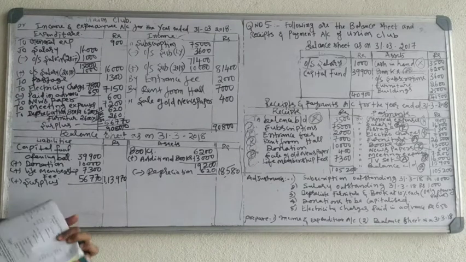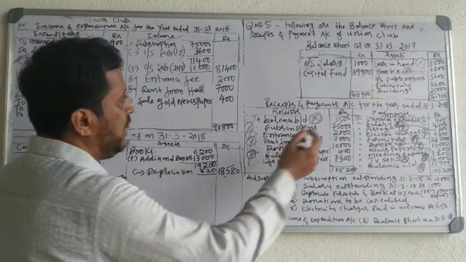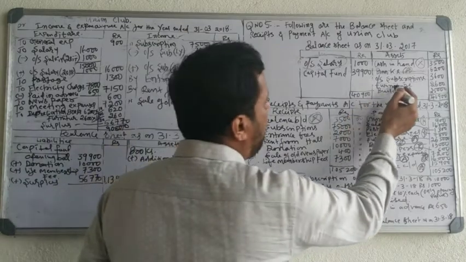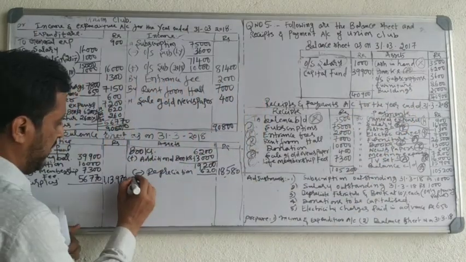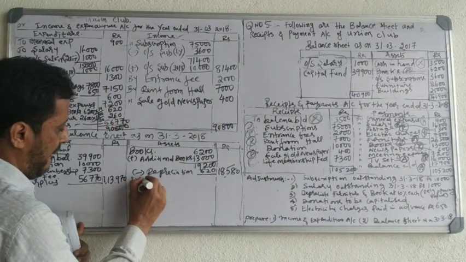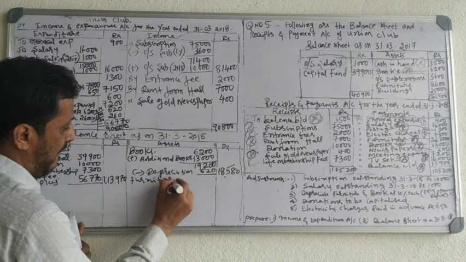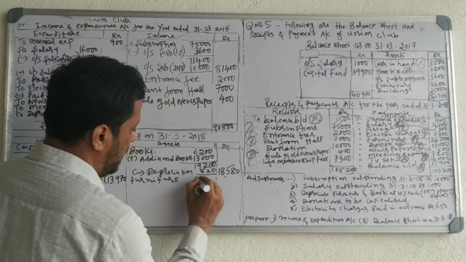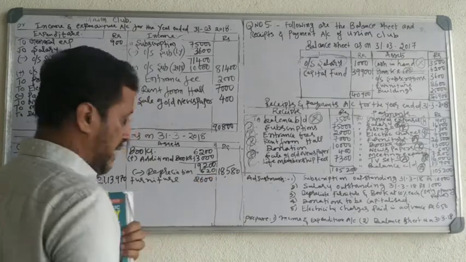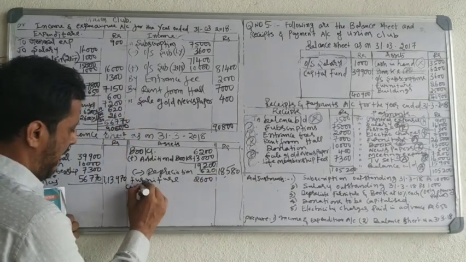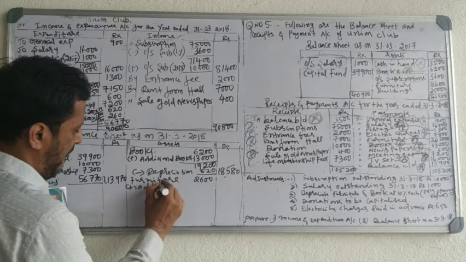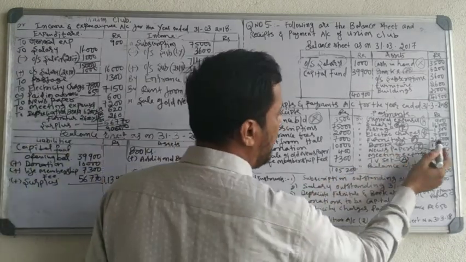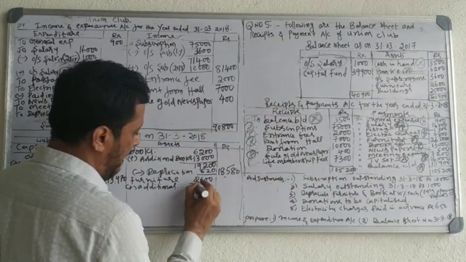Next, after books, then you have outstanding subscription, you have completed, already you have taken. Then you have furniture. Take in the same way. Furniture is opening furniture 26,000. Add additional furniture here 3,100.